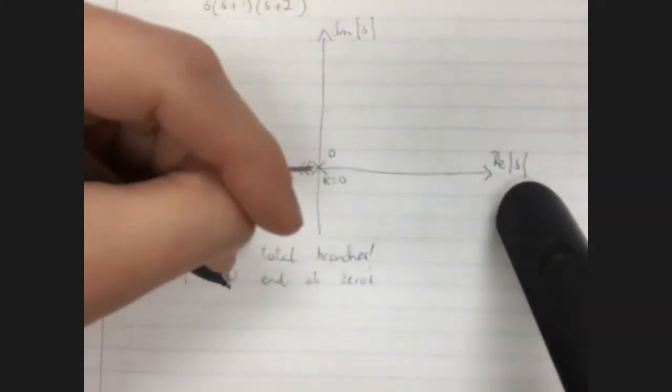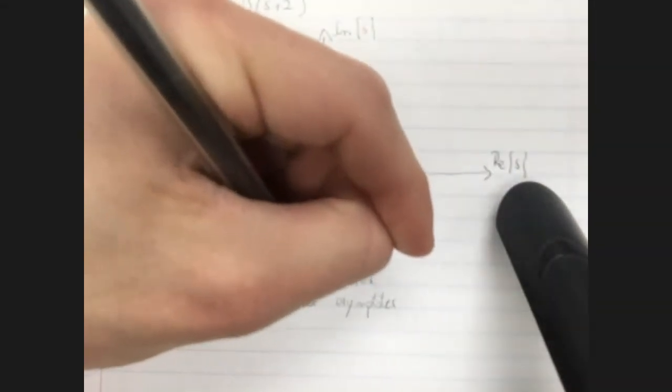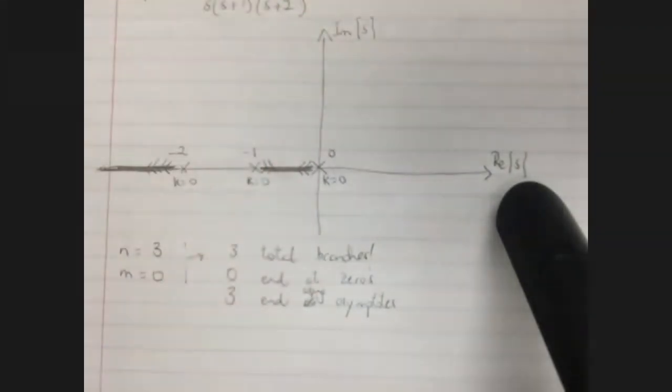And the rest, that means to say all 3, end at infinity along asymptotes. So we can go ahead and do our little formula there for our asymptote.